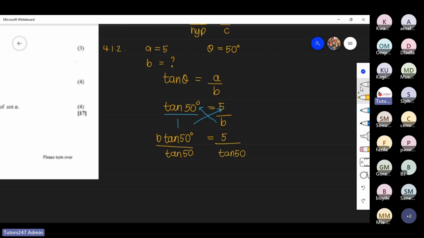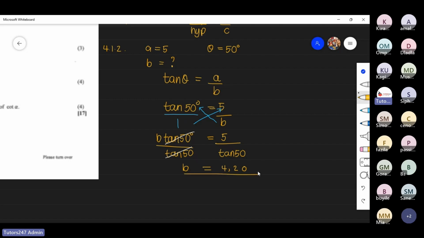From here, we can see that tan 50 cancels tan 50, and we are then left with B equals 5 over tan of 50. Once you put 5 over tan of 50 into your calculator, you should end up with a value of 4,20.